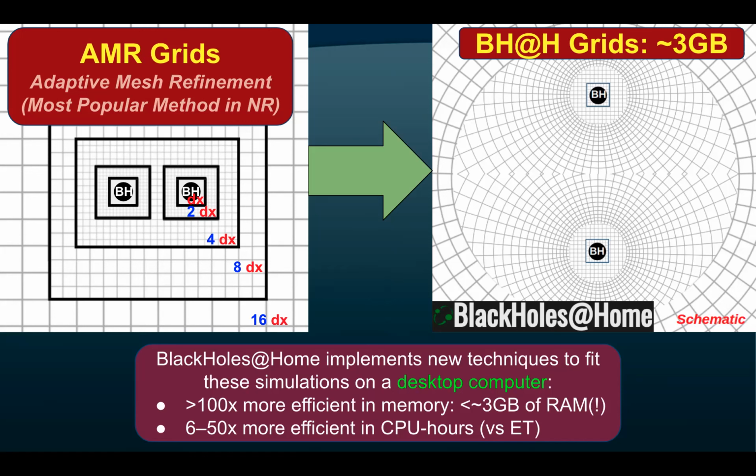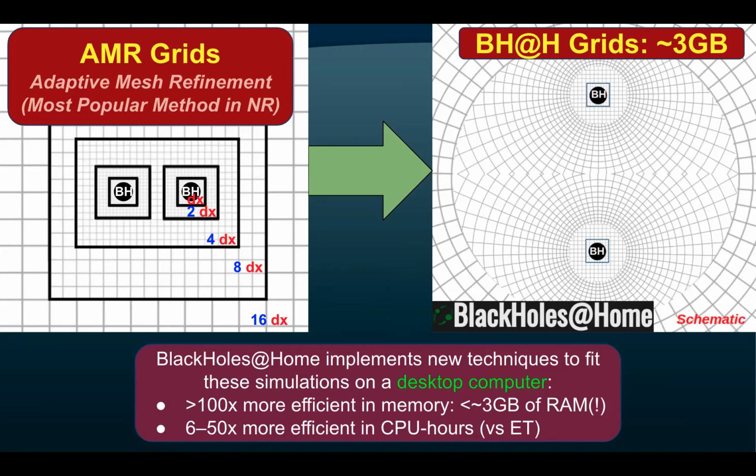It's somewhere between a factor of 6 and 50 times more efficient in terms of total number of CPU hours needed to complete a binary black hole simulation. This is compared to Carpet within the Einstein Toolkit. And let me also say that the factor of 6 there, that is due to a core inefficiency in Black Holes at Home.